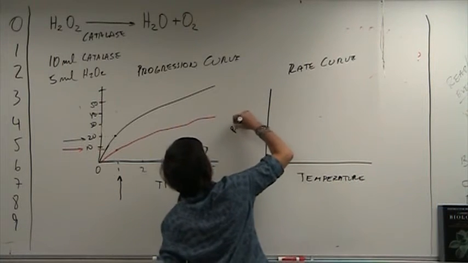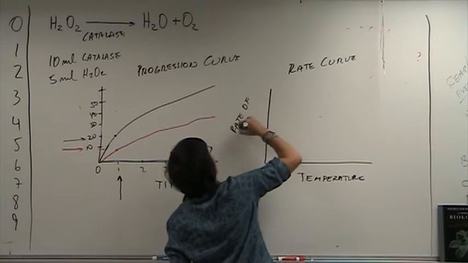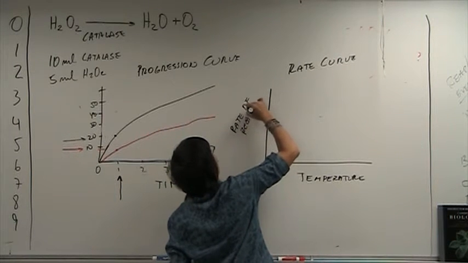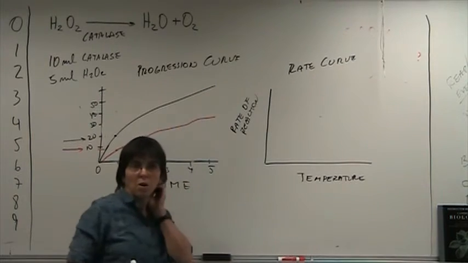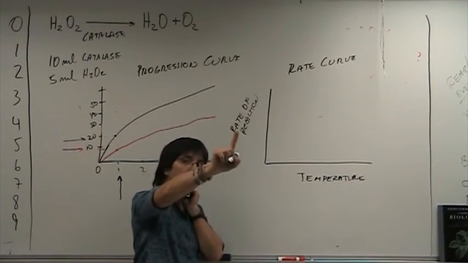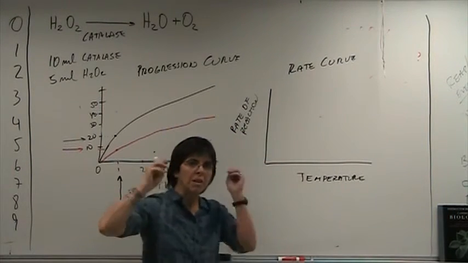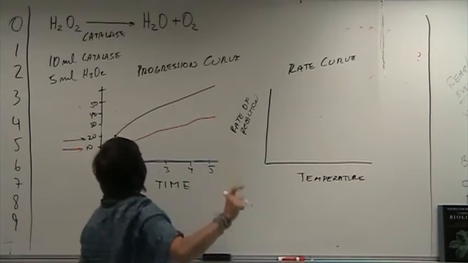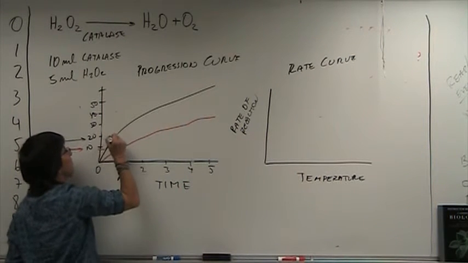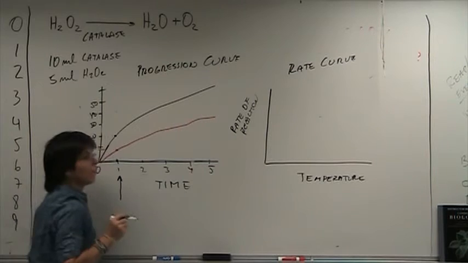Here you're gonna have rate of reaction. And the rate of reaction, we're always gonna calculate it for the very first minute. How much oxygen was produced during the very first minute at this temperature, at this temperature, at this temperature.